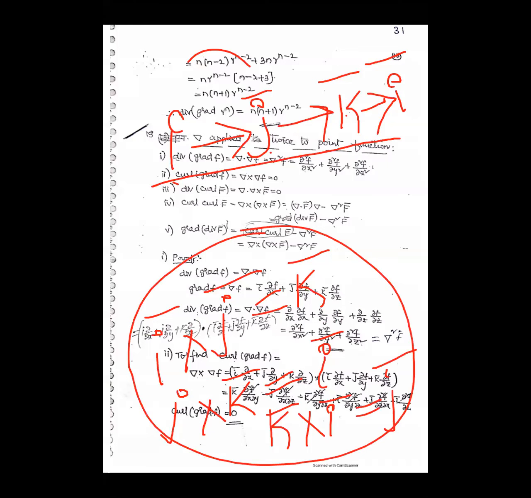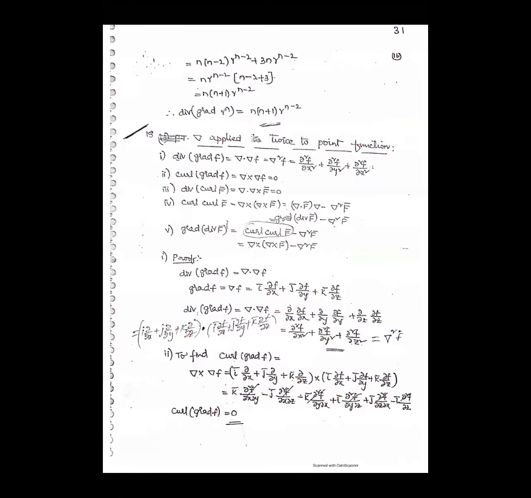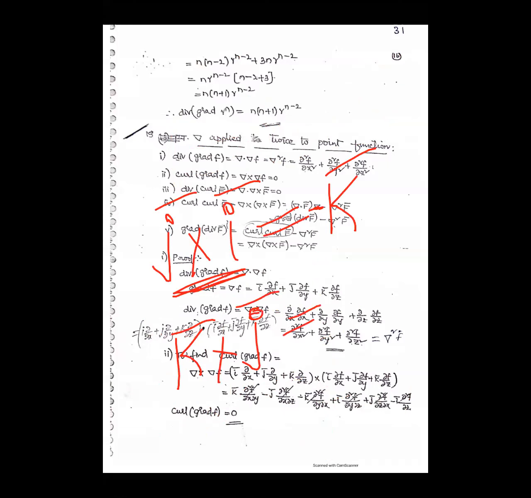Suppose we take backward directions: j cross i equals k, the missing value is k, but the direction is reversed, so we take the negative value. k cross j: here k and j are available, the missing value is i, so negative.